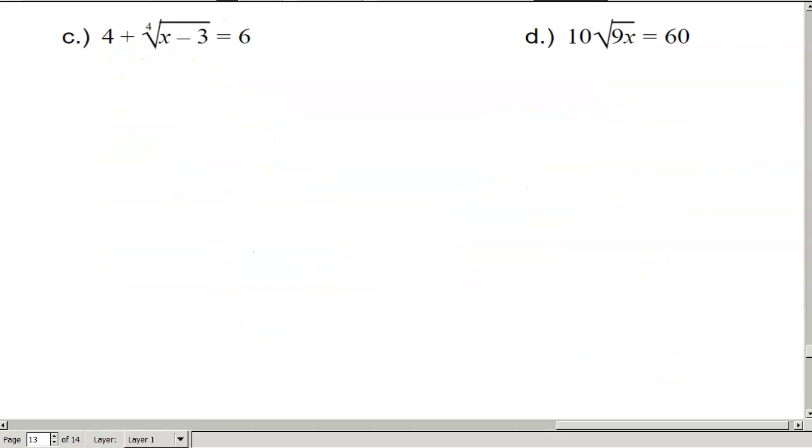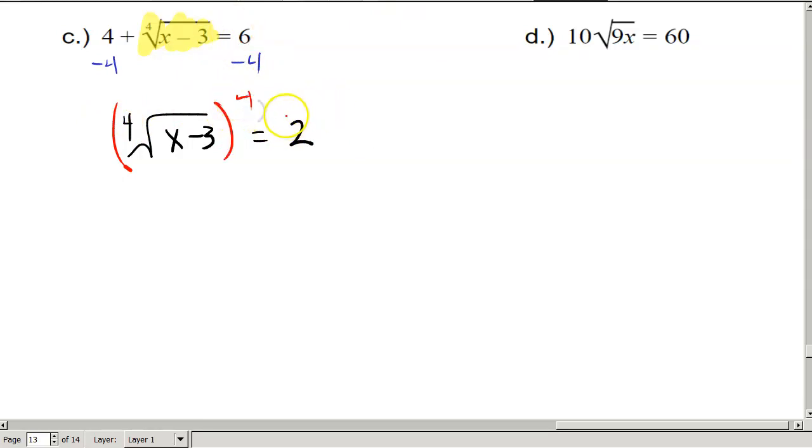All right, part C. If you look at part C, we're going to isolate the radical again. So we're going to subtract 4. We get the 4th root of x minus 3 equals 2. If we take the inverse of a 4th root, then we raise everything to the 4th power.